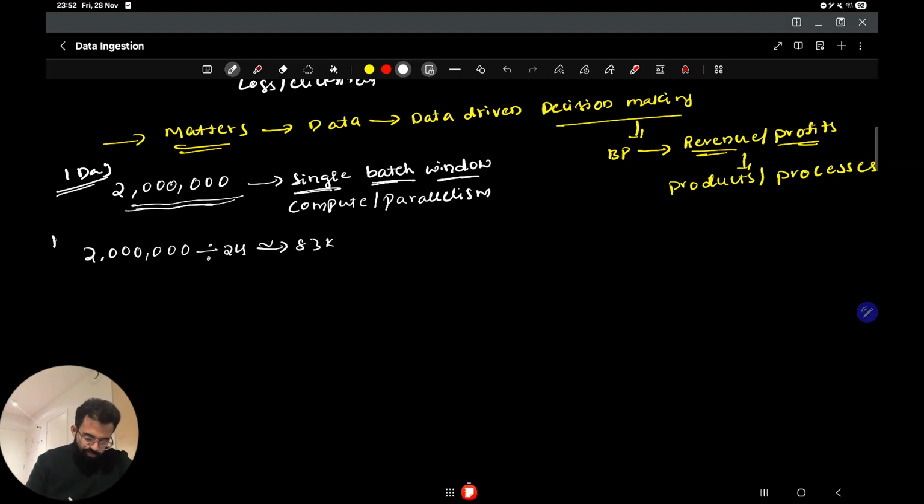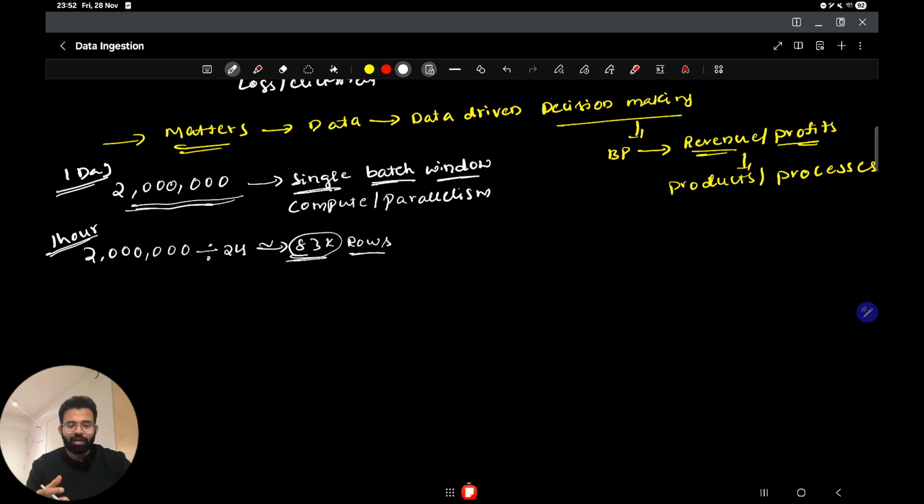But if you divide the 2 million events across 24 hours, you will be processing around 83,000 rows every hour.